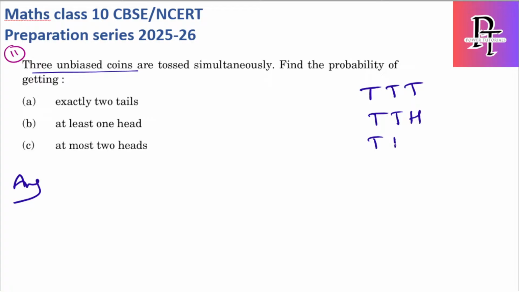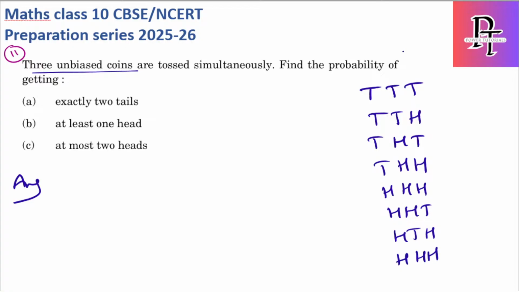TTH, THT, THH, HHH, HHT, HTH, and HHH. Okay, so this is important. When 3 coins are tossed, all these 8 are the possibilities. Okay, so among this, let's see what the question is.